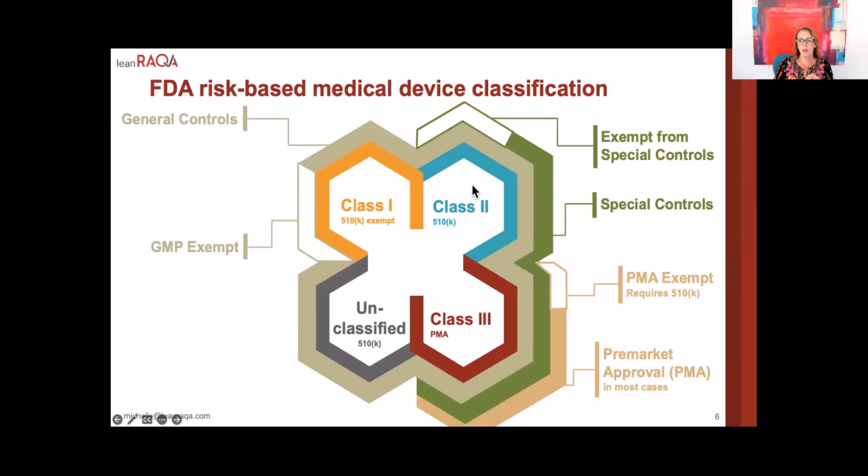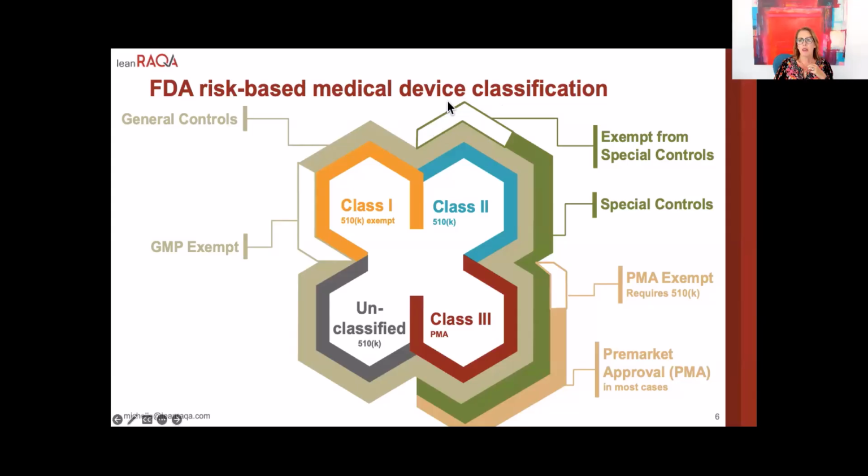Then class 2 has a layer of controls on top of that called special controls. Special controls can include things like special labeling requirements, a product-specific guidance document, a recognized consensus standard, maybe post-market surveillance requirements or studies.